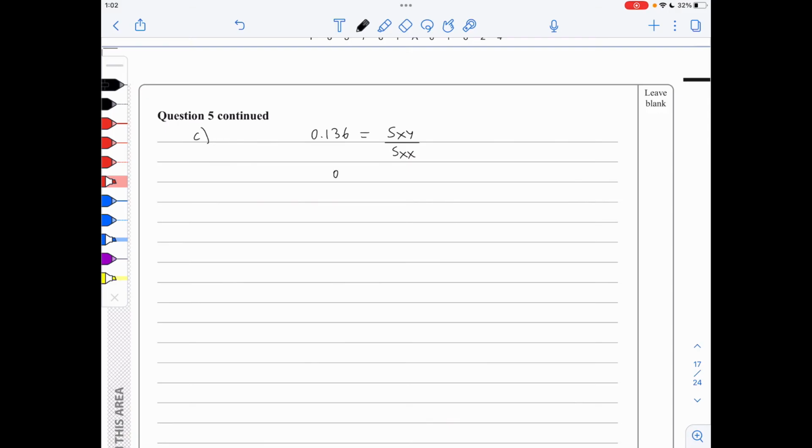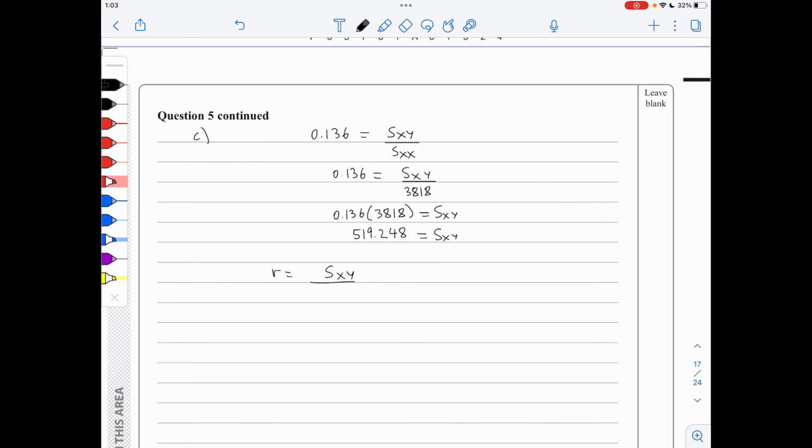We have found the value for SXX to be 3,818. So if I cross multiply, I get 0.136 times 3818 to give me SXY. This turns out to be 519.248.